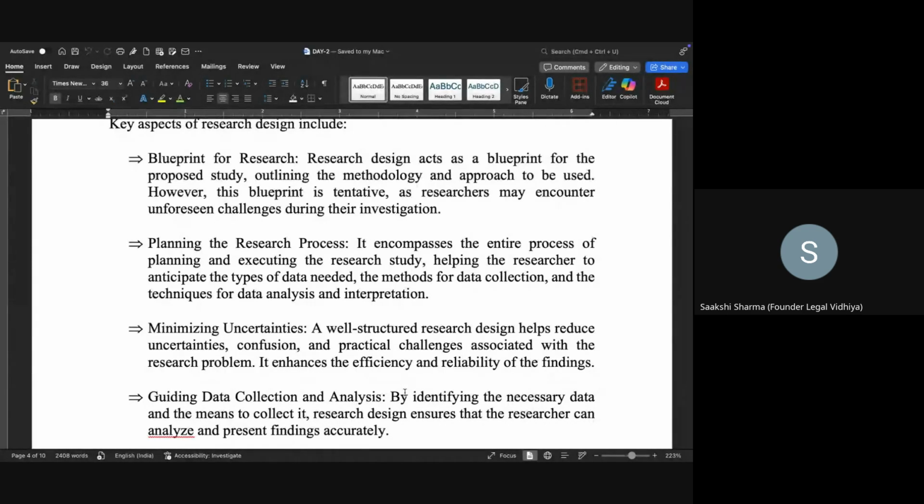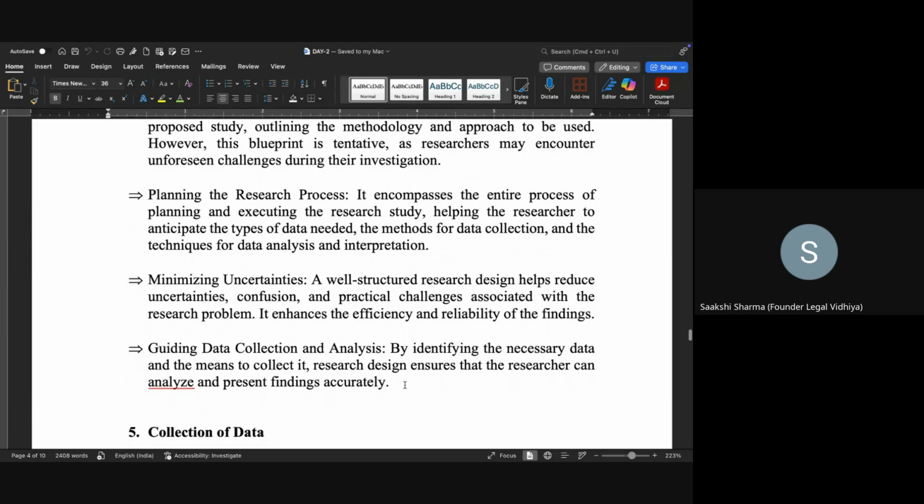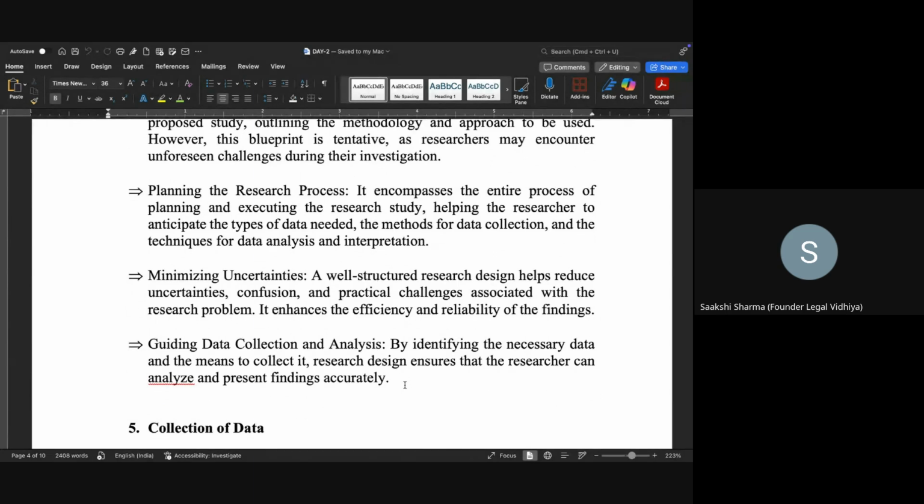A well structured research design helps you reduce uncertainties and confusions, and often any practical problems that come up, you can anticipate and already come up with a plan that if I face this problem, I'm going to solve it in so and so way. So it helps you minimize uncertainties as well, and it helps guide data collection.